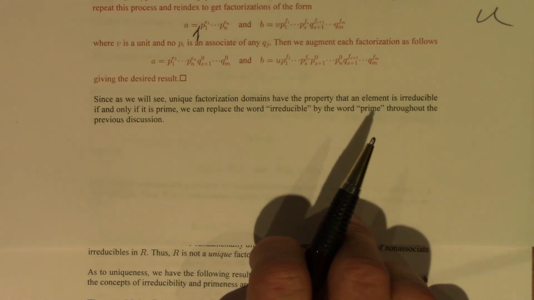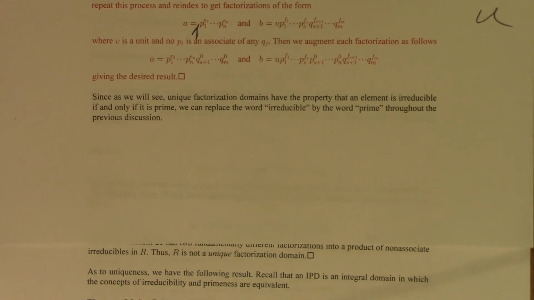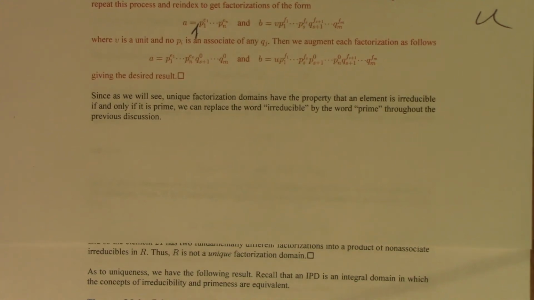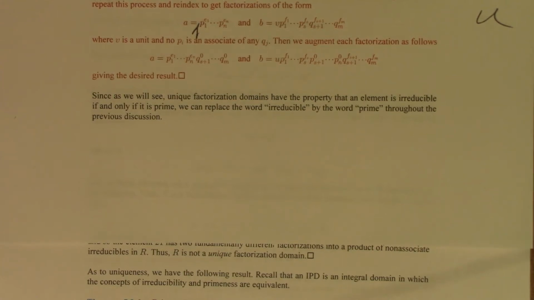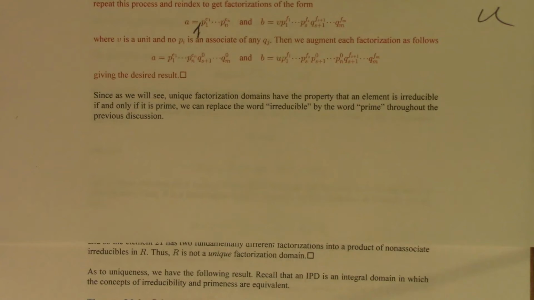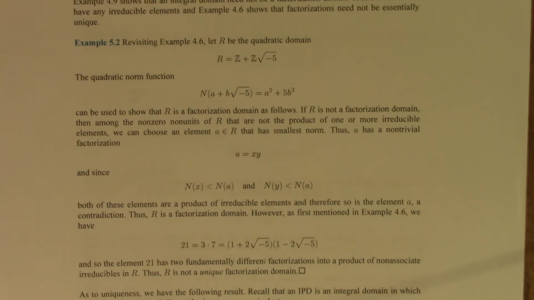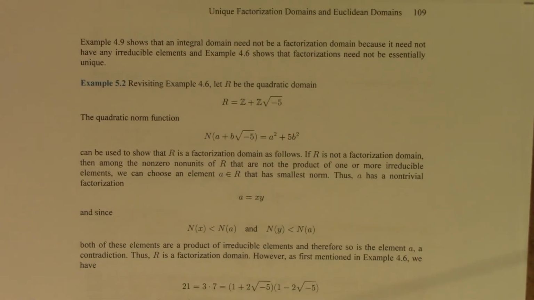Now comes a bit of good news, since, as we will see shortly, unique factorization domains have the property that an element is irreducible if and only if it's prime. Everything we've said so far, we can replace the word irreducible by the word prime, and it makes the language flow more easily.